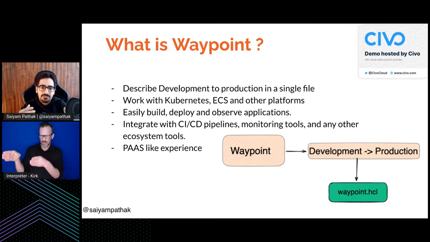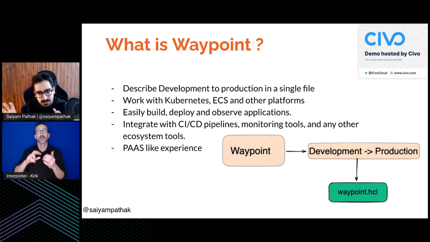You can define the development to production workflow in a single file, which is waypoint.hcl, which we'll discuss more about, obviously. It works with Kubernetes, ECS, Nomad, and other platforms. So basically, you can deploy to different platforms using the same file. It is easy to build, deploy, and observe applications, as we'll see.